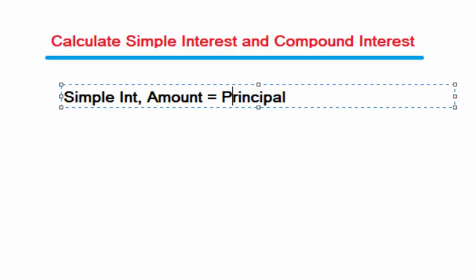Let us just assume we are a deposit-taking institution, and we take a deposit or principal from somebody. Then after some years, we will be able to give that person back the investment. It could also be calculated by insurance companies or any other investment companies.